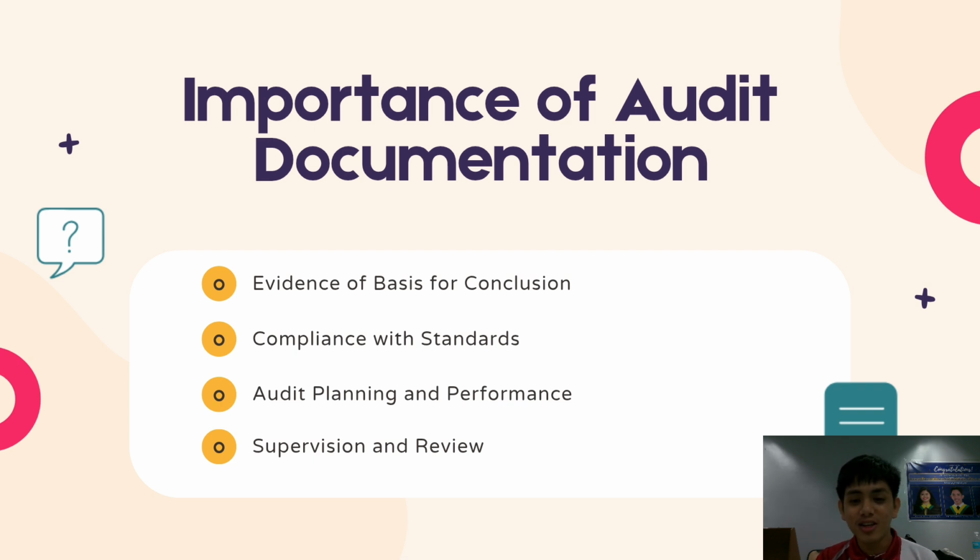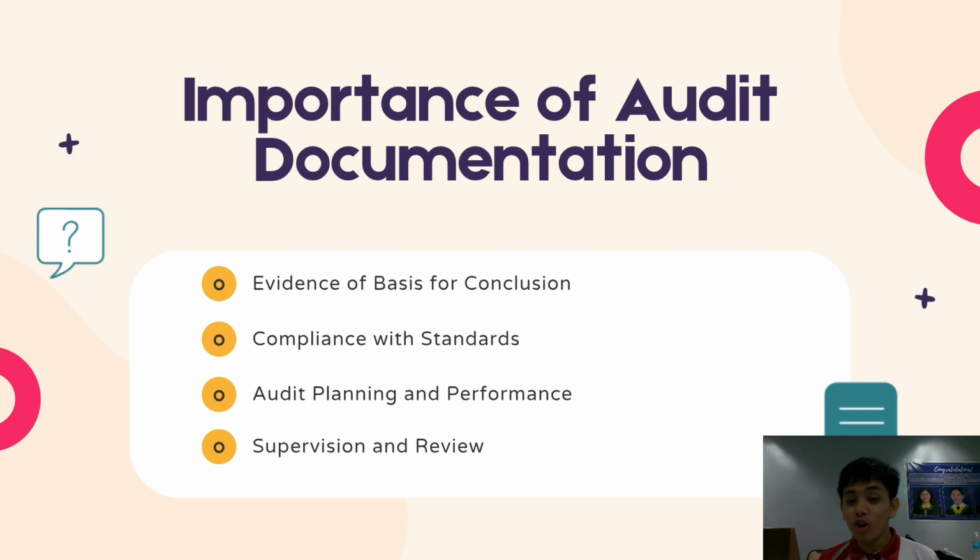Let's discuss now the key information to be included in the audit documentation. First is the evidence of the basis for conclusion. It's really a no-brainer. When we say basis, audit documentation must clearly show the evidence that supports the auditor's conclusion and professional judgments.